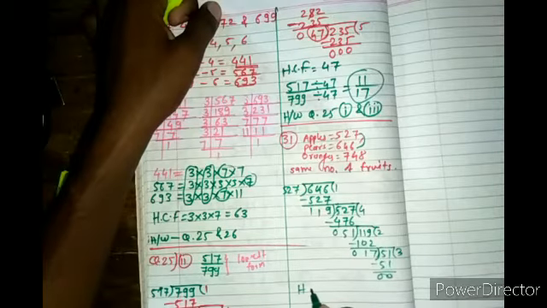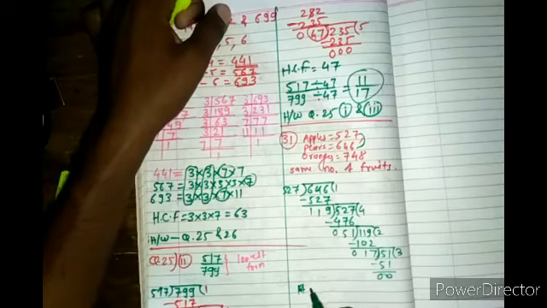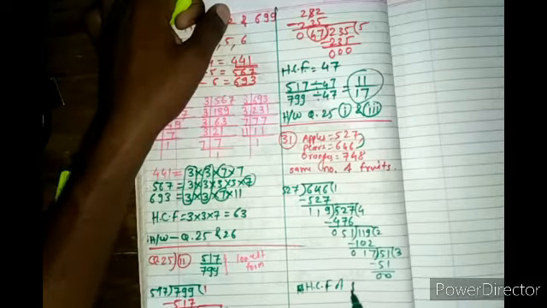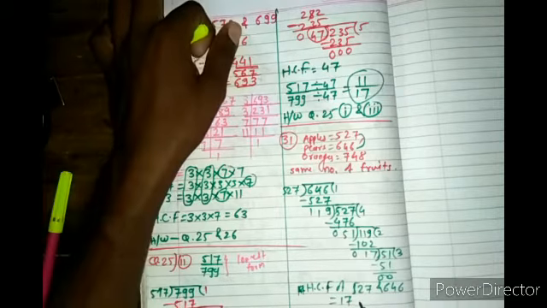It means this is the HCF of two numbers. So I will write the HCF of 527 and 646 is 17, right?